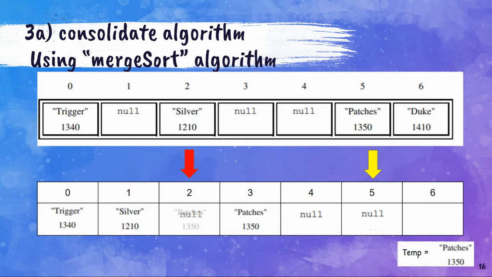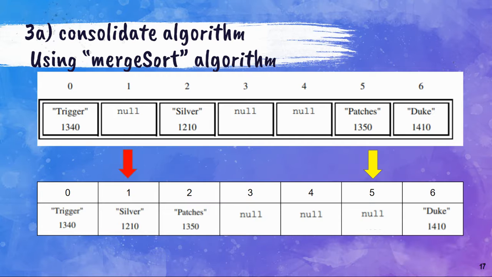I put patches in that. I remove patches from where he was. Now patches is in the right spot. And then I'm going to do 1 more test. I don't know whether or not there's one there. I can see it now, obviously, but the computer doesn't. Oh, there's an object there. That one is not null, so I'm not going to do anything with patches, and I'm done.